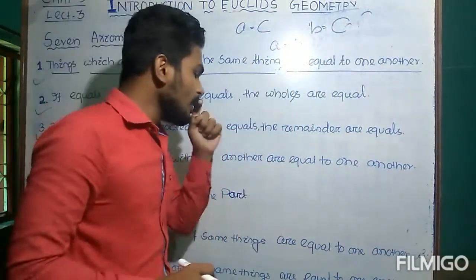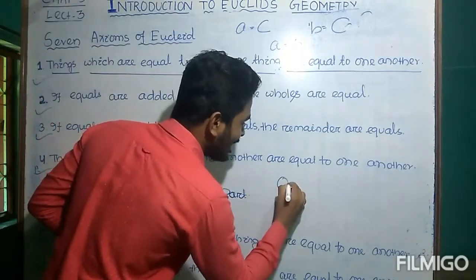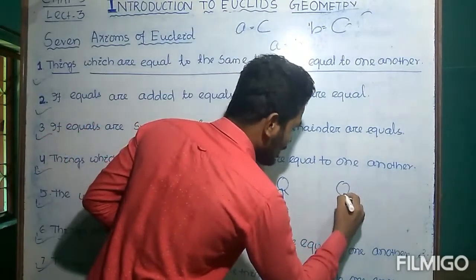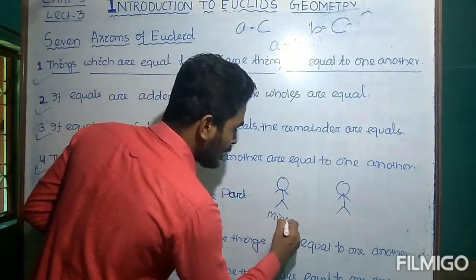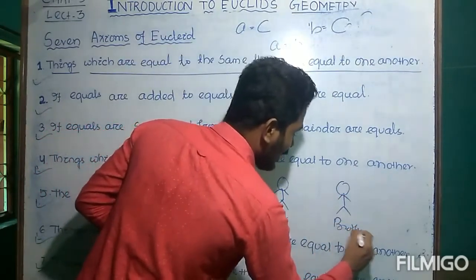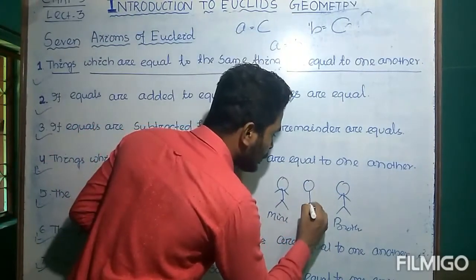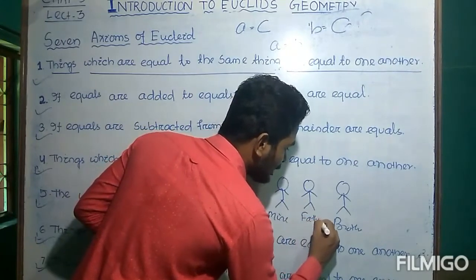For example, suppose my height and my brother's height are equal to my father's height.